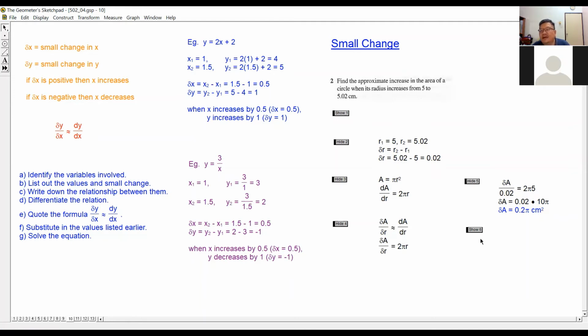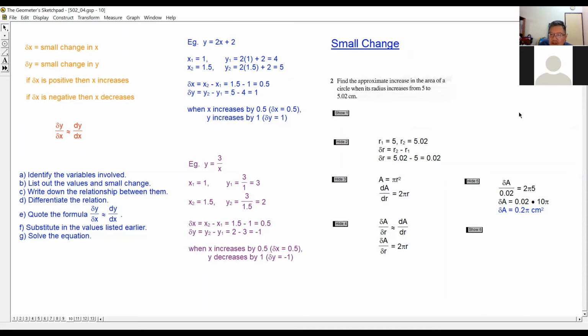square centimeters. Now how do you interpret this answer? Delta A is this number. In words, how can you explain this number? What is delta A? Delta A is the small change in A, where A is the area.